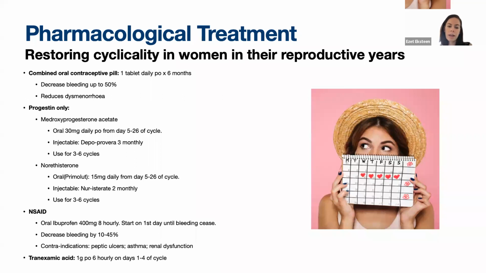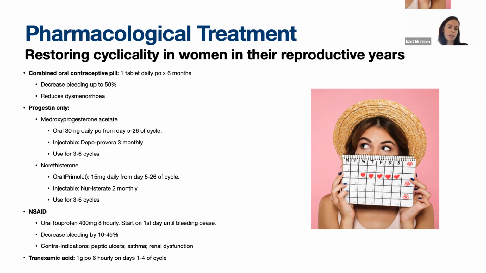Non-steroidal anti-inflammatory drugs like Brufen can be used 3 times a day, usually just for the time of bleeding. This can decrease the bleeding by up to 45%. Just remember that it is contraindicated in patients with kidney disease, asthmatic patients, and also people struggling with peptic ulcers or reflux.